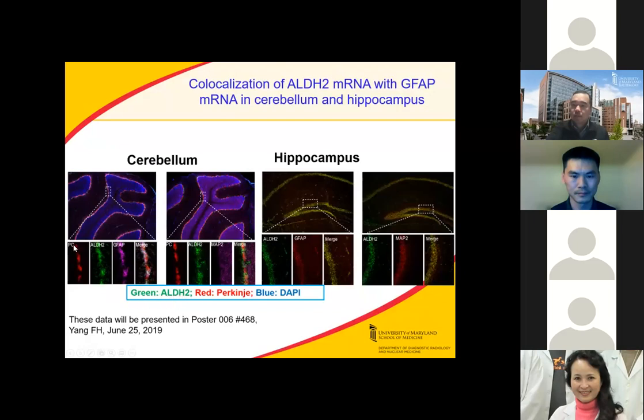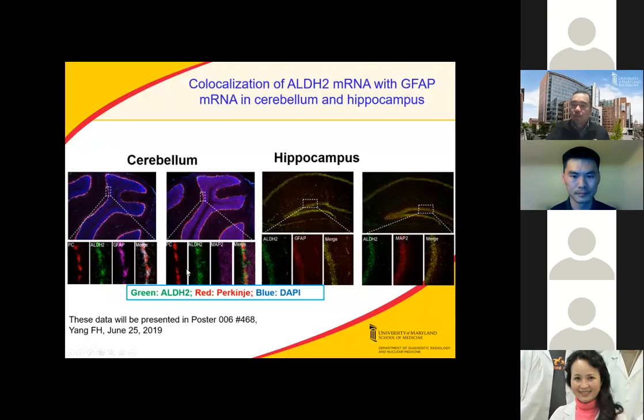You can see the green color here, ALDH2, and this is cerebellum. And the Purkinje cells are here, the red color. The blue color, DAPI, is for nuclei, and you can see the merged image, especially with ALDH2. It's not much correlated with Purkinje cells; mainly it's GFAP positive cells. I think ALDH2 correlates very well with them.